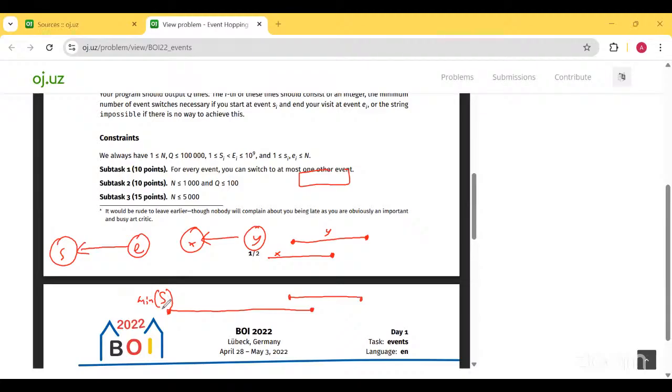Is it always optimal? So for every node that ends inside this range, we can choose any of these nodes, right? But the optimal one is taking the minimum S.